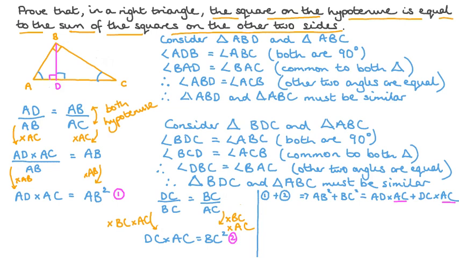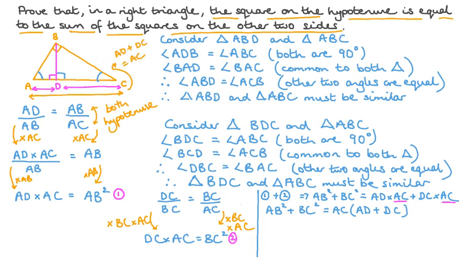So in that case, we're going to take this out as a factor. So therefore, when we do that, we get AB squared plus BC squared is equal to AC multiplied by AD plus DC. Well, if we take a look back at the diagram, we can see that AD plus DC is going to be equal to AC because it's the length AC that the AD and DC make up.